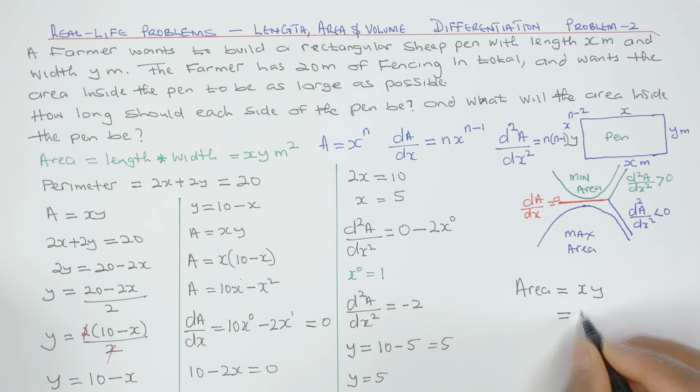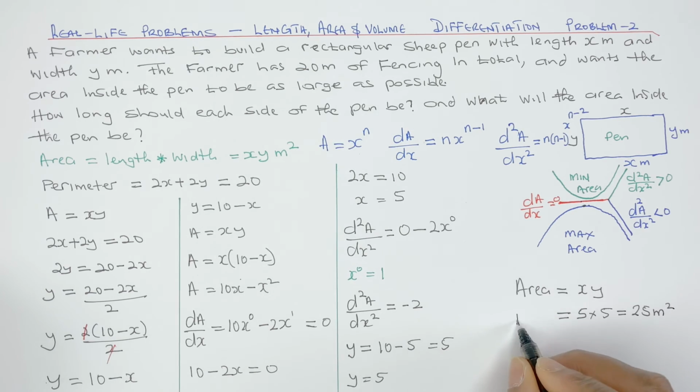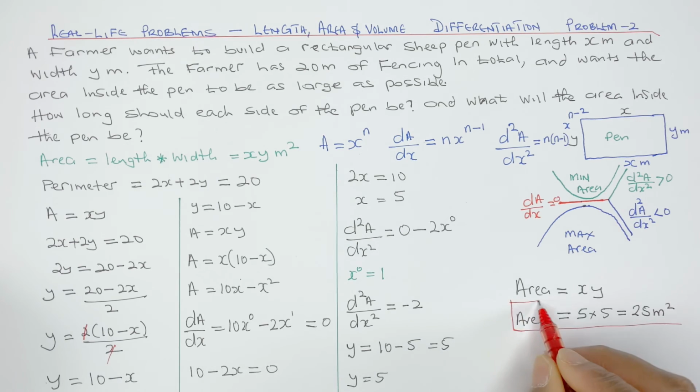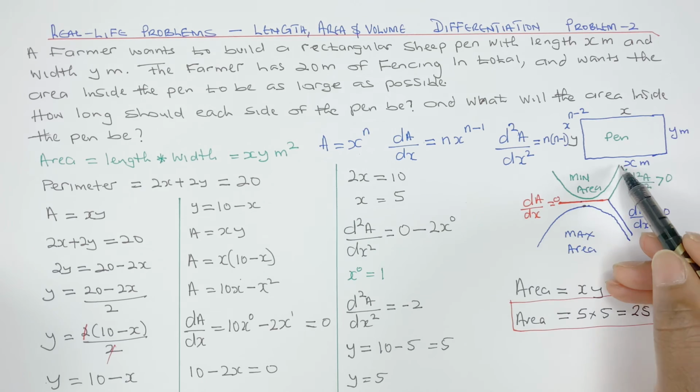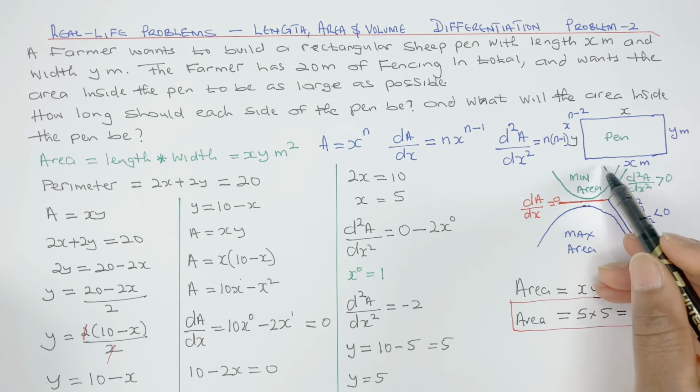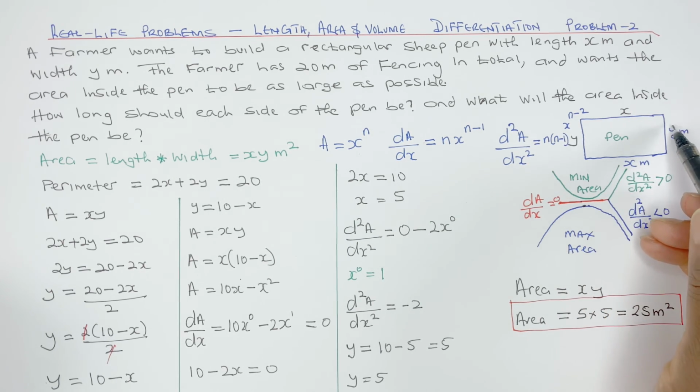Area equals 5 times 5, and that will be 25 meters squared. So that's the area. So the length should be 5 and the width should be 5. So basically, a square.